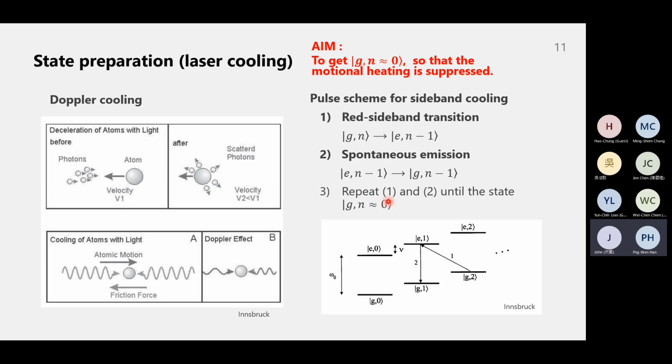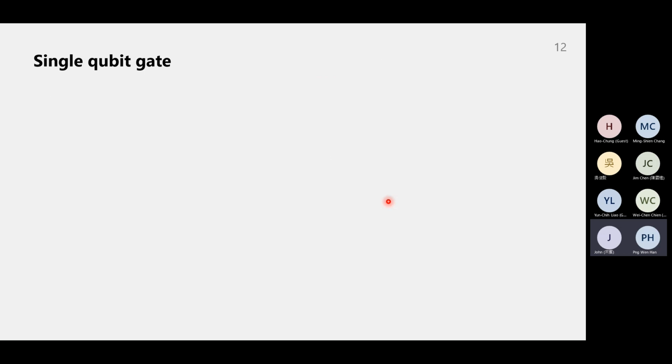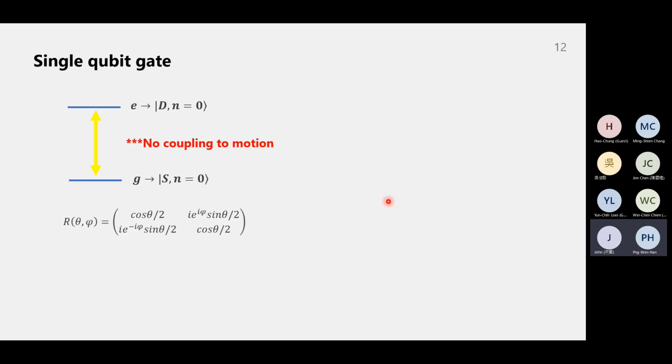Now let's talk about the single qubit gate. Here we are using lasers to drive the carrier resonance, which means we don't have coupling with the motions. And this is what the rotation operator looks like. The theta corresponds to the drive strength and time, and phi is the drive phase.